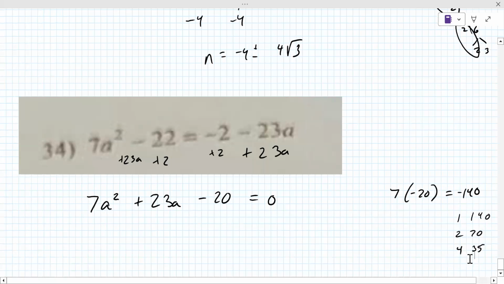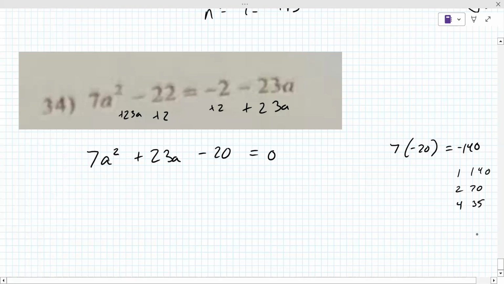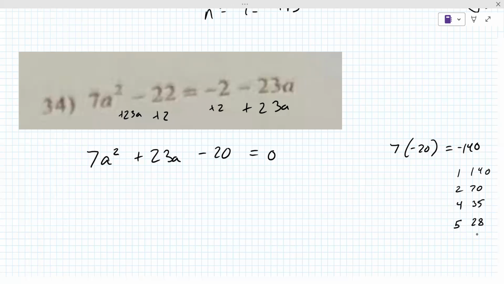So notice we're looking for them to be 23 apart. 5 works, 5 is 28, and there it is. So 5 and 28. We're going to go with positive 28, negative 5. So 7a squared plus 28a minus 5a minus 20 equals 0.